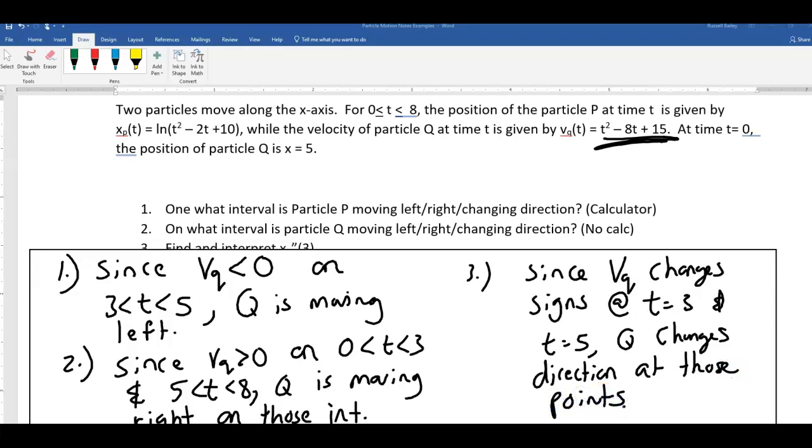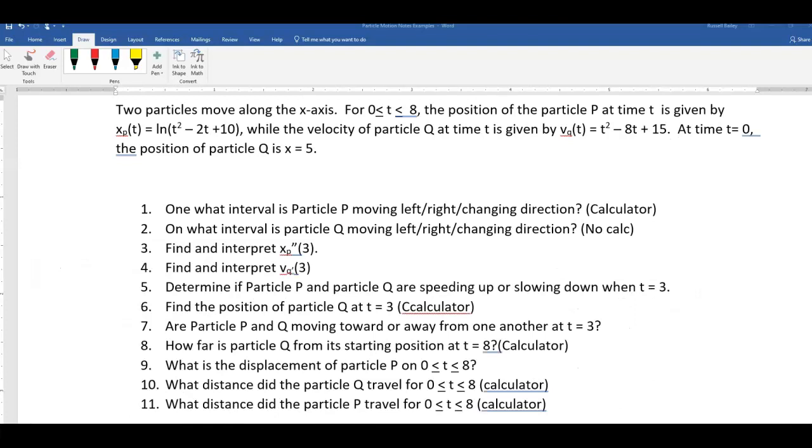And once again, you're looking at 2 points for the answer. I'm sorry, 1 point for the answer and 1 point for the explanation. All right? So that's changing direction, left and right direction, or up and down direction, what have you. Let's go ahead and move on to question 3.